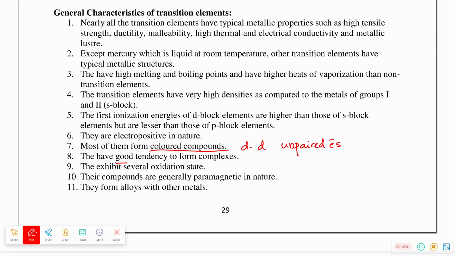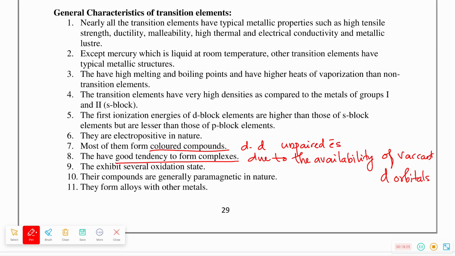Then they have a good tendency to form complexes. Why do they form complexes? Due to the availability of vacant d orbitals. You know that for the formation of complexes, when the ligands approach the central metal atom, there should be vacant orbitals.